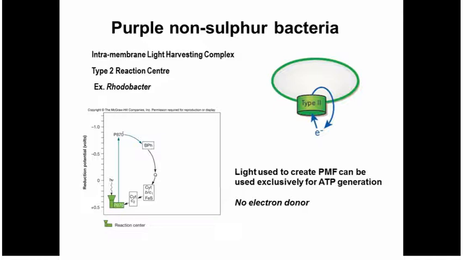So purple non-sulfur bacteria, what is happening here? They have only a type 2 reaction center. They have another kind of light harvesting complex to make light capture more efficient. An example is Rhodobacter. Now here there is no electron donor.